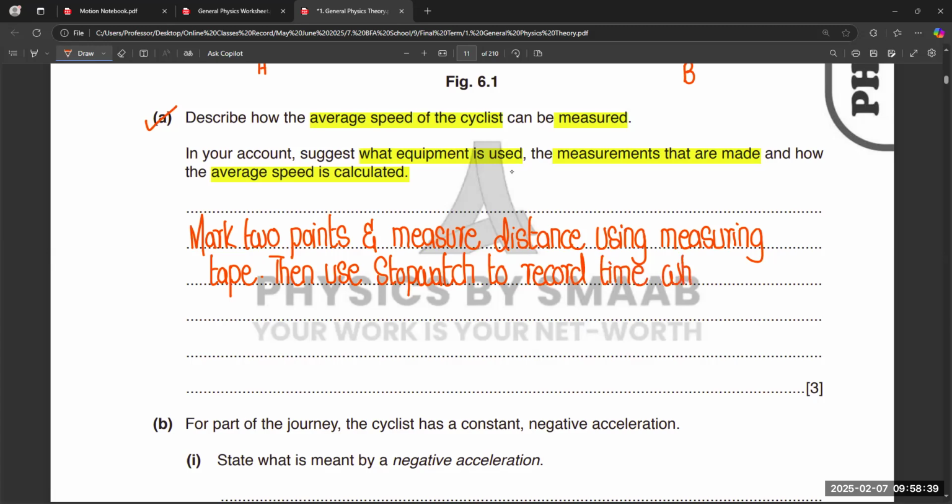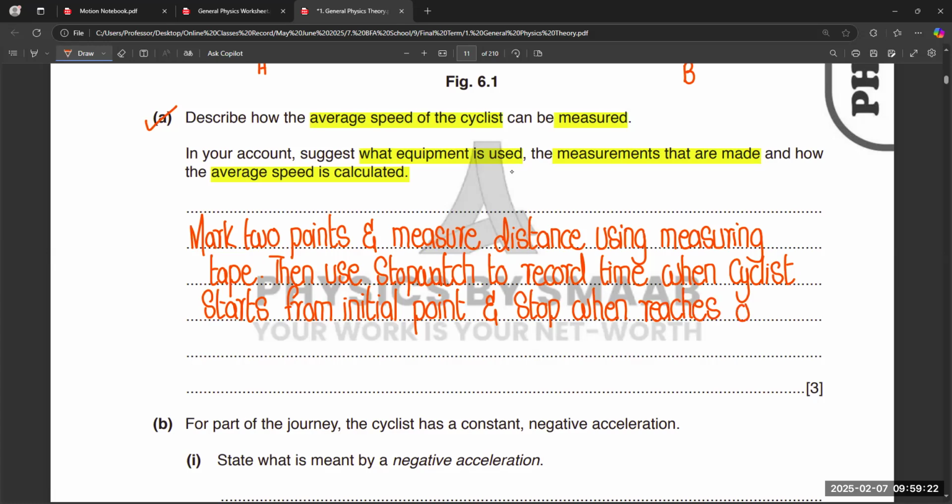Time when cyclist starts from initial point and stop when reaches other point.